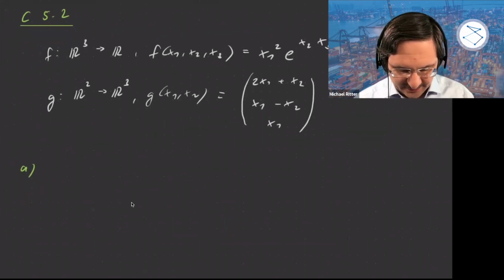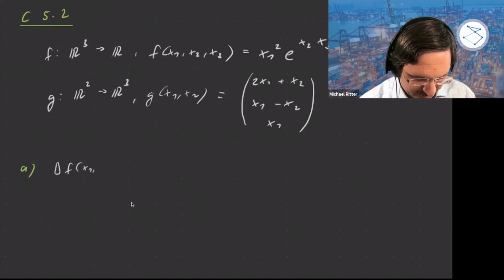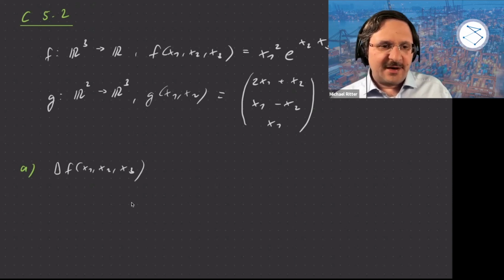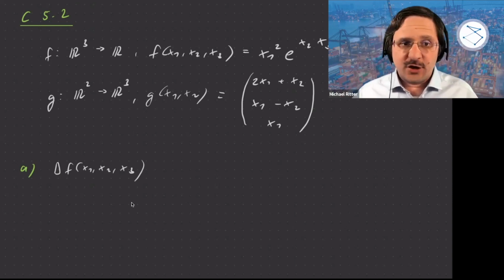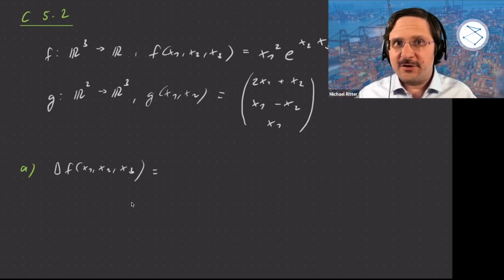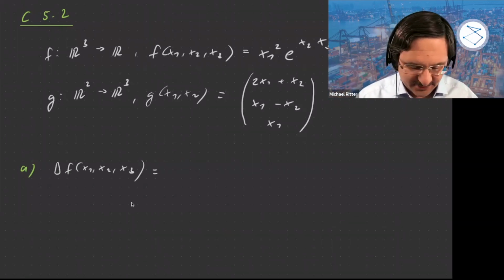So what we want is the derivatives, the differentials of f and of g. And basically, that means we're asking for the Jacobian or the gradient. So remember, the differential of a function is closely related to its gradient if that is a function that maps to R, and f does just that.